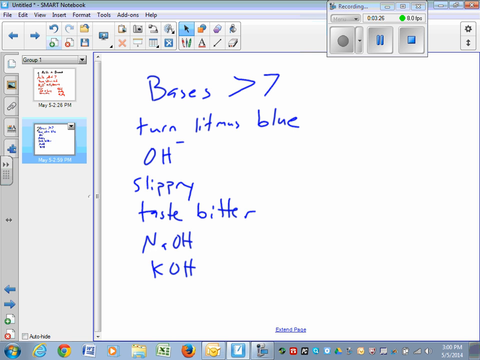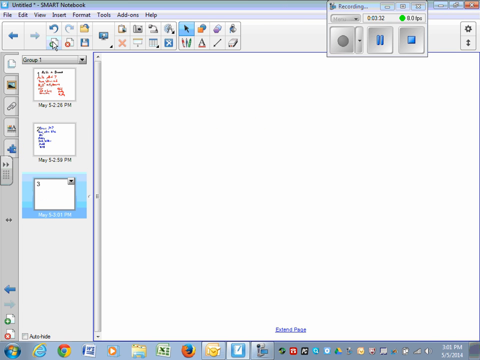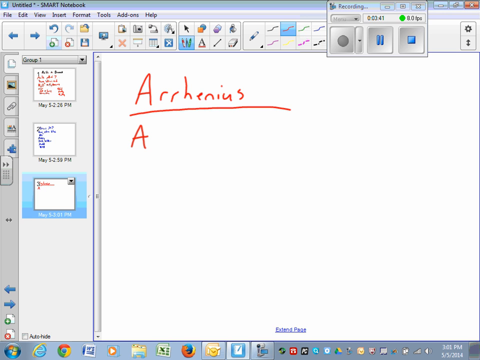Today we're going to talk about 3 different definitions of acids and bases and what they mean. The first and simplest is the one you've seen before, and that is the Arrhenius acids and bases. By the Arrhenius definition, acids dissolve in water to make hydronium.